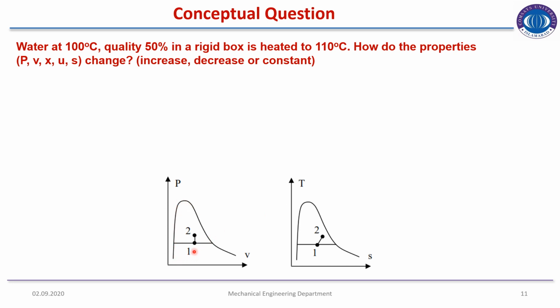As you can see, at process 1 the system or the water is in the dome region at quality 50%.